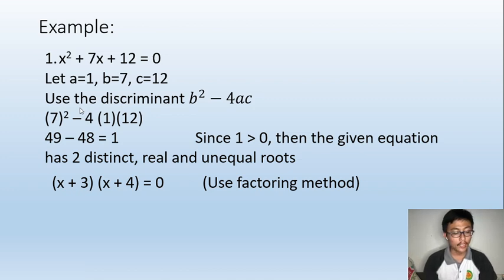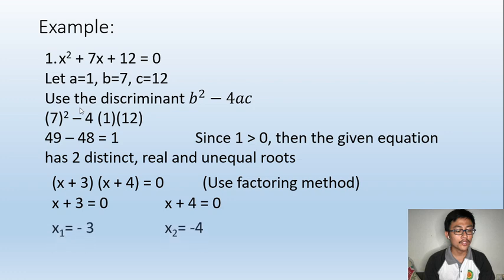And then, we apply the zero property by separating the two factors equal to 0. So that is x plus 3 equals 0, x plus 4 equals 0. Then you just transpose 3 and 4 to their respective sides of the equation.